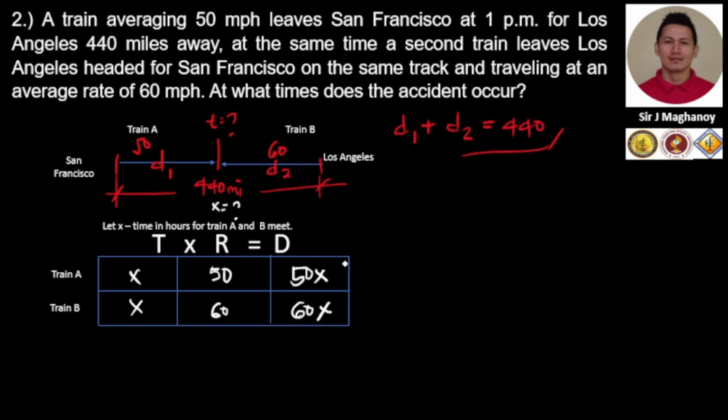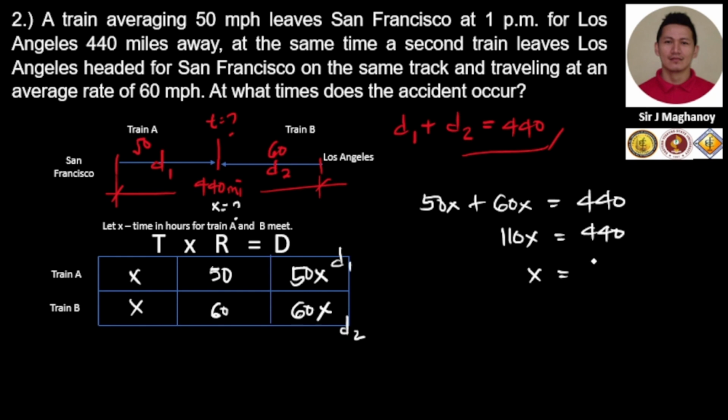This is our D1 and this is our D2, so we add: 50x plus 60x is equal to 440. If we sum, this becomes 110x is equal to 440. Therefore, x is equal to 440 over 110, which is 4 hours.